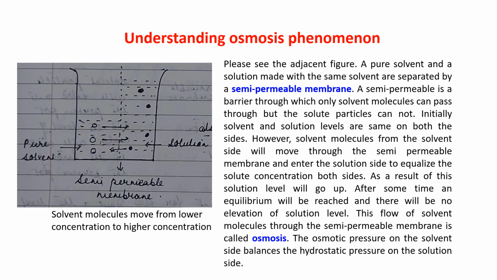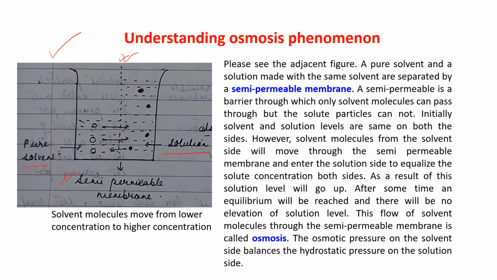To understand the phenomenon of osmosis, please see the figure given here. Now in this you can see that there is a permeable membrane. This is known as a semi-permeable membrane. On one side of this semi-permeable membrane we have taken pure solvent, and on the other side we have taken the solution.